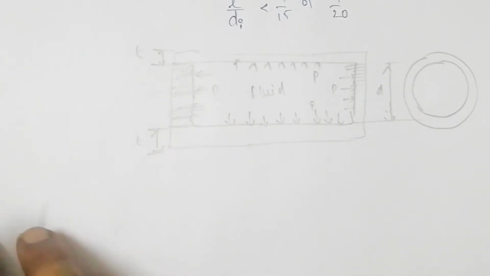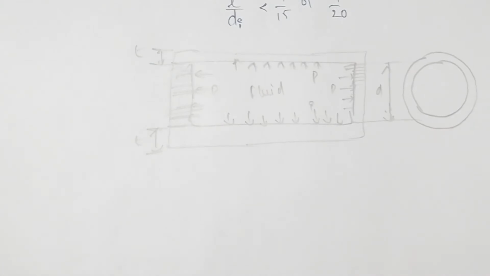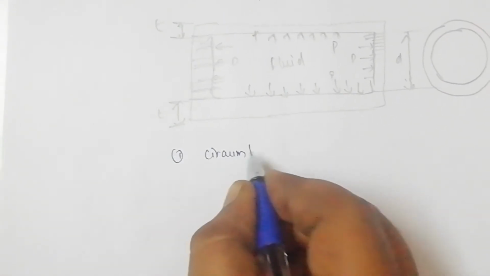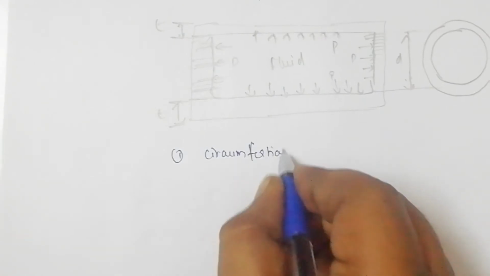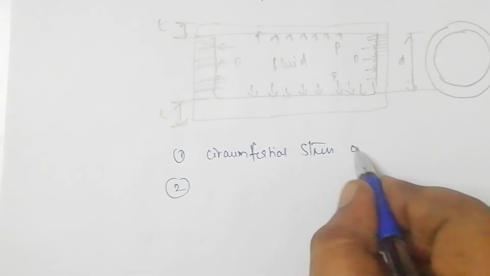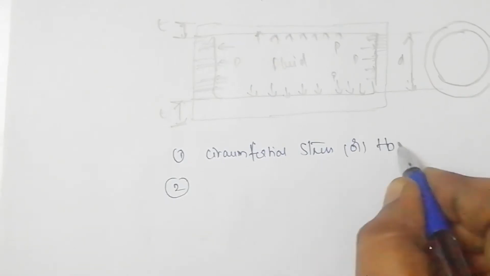Okay. So, what are the types of stresses generated in this? Generally in thin cylinders we will be coming across two types of stresses. The very first stress is circumferential stress, which acts along the circumference. This is also called hoop stress.